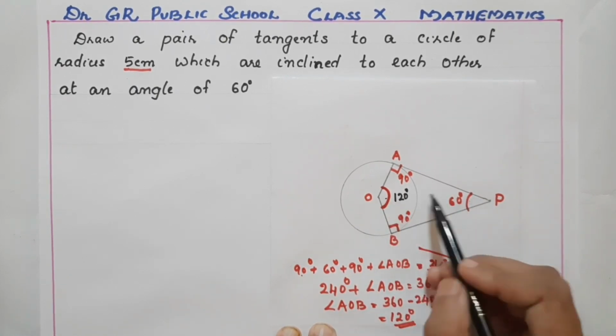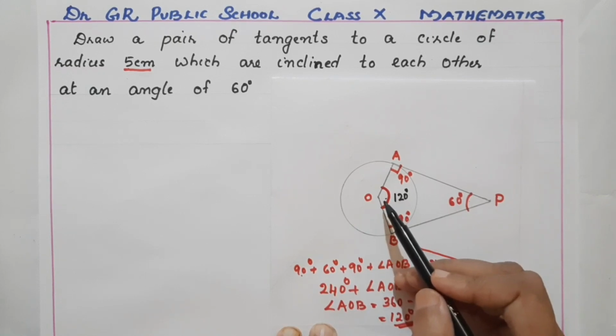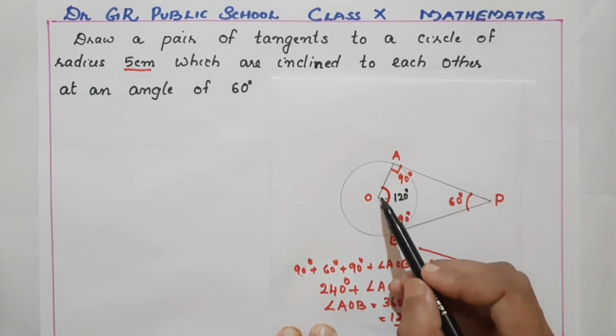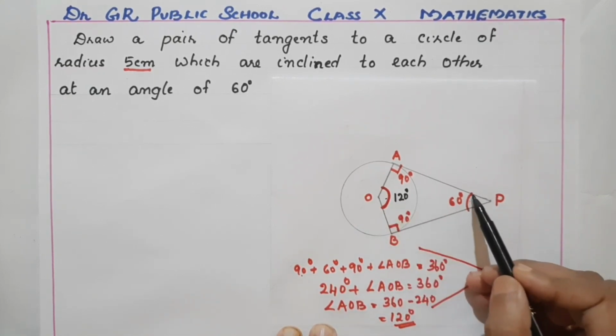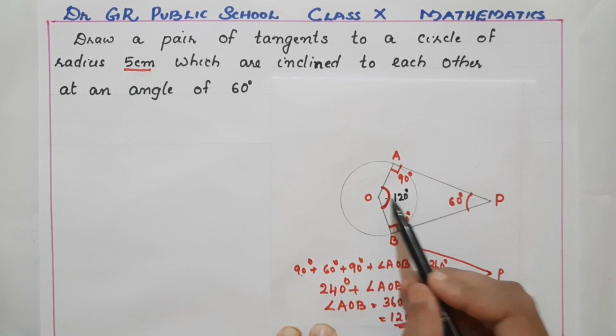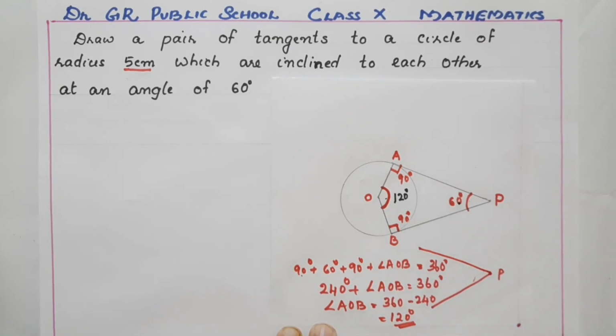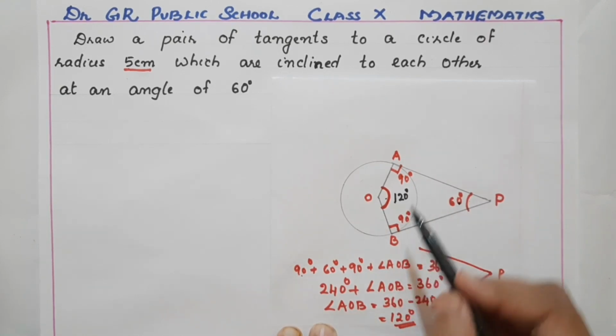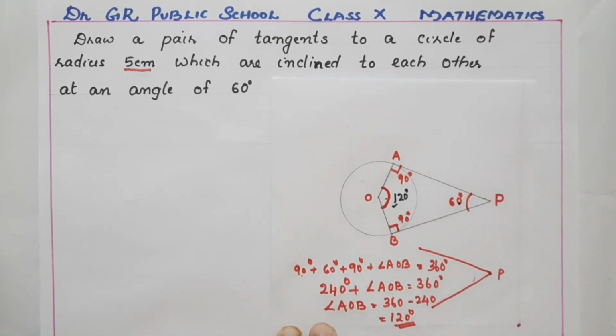Can you remember that? You have proved one question. The central angle and the angle inclined by these two tangents, they are supplementary. If they are supplementary, one angle is 180 minus 60, 120. That also you can use here to find out this central angle.